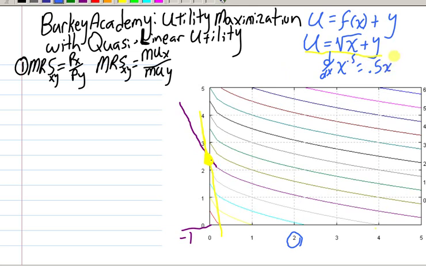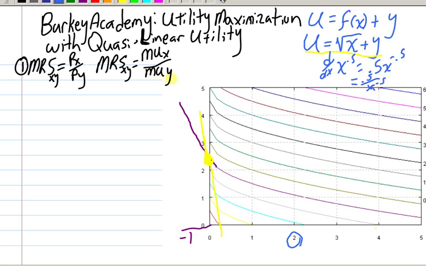So 0.5 minus 1 is X to the minus 0.5, which we can rewrite as 0.5 over X to the 0.5.